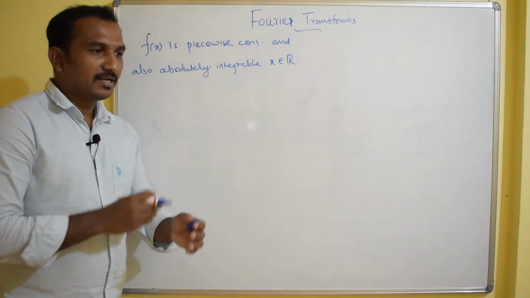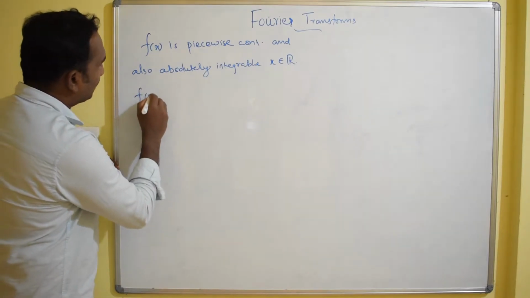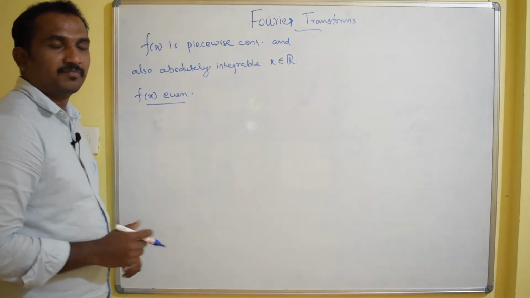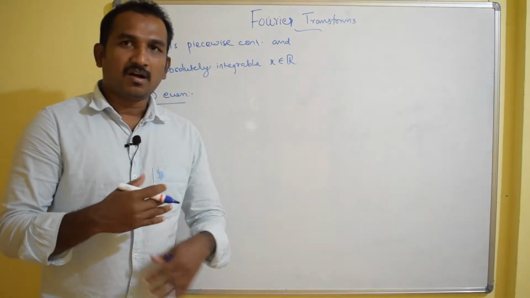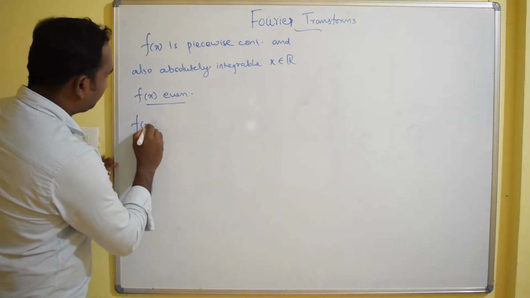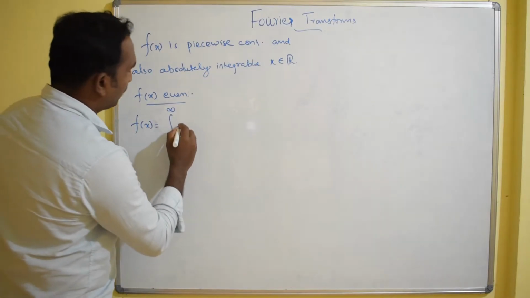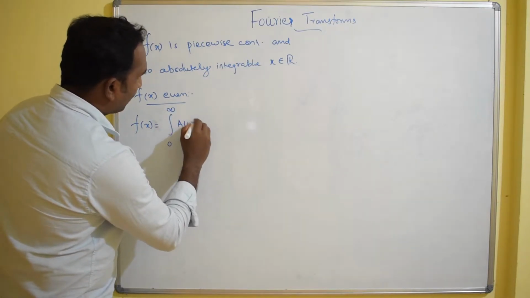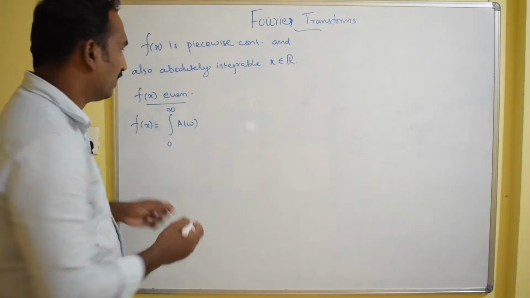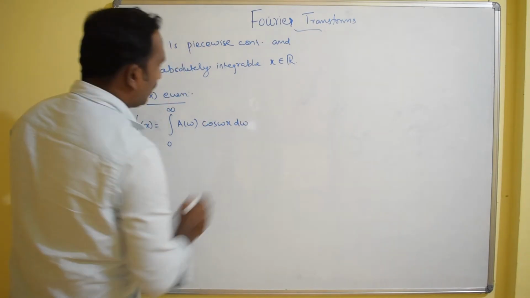Then, first I am going to consider that f of x is an even function. We all know the sine integral and cosine integral formula. By using that, I can write f of x is equal to integral 0 to infinity of A of omega, sometimes they use lambda, cos omega x d omega.